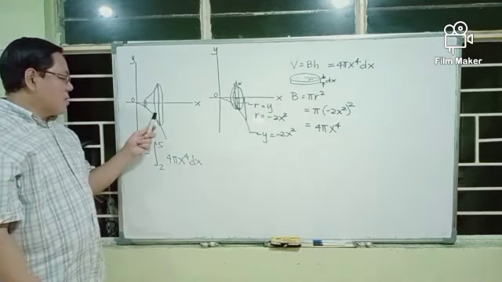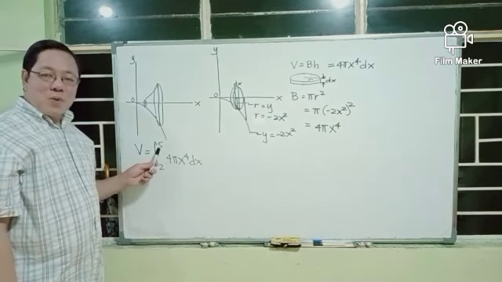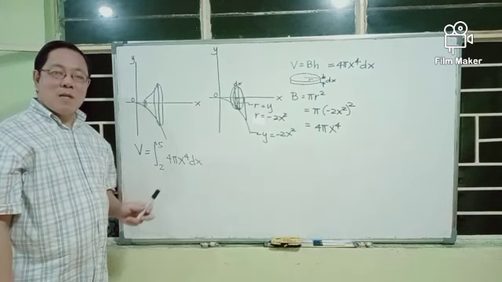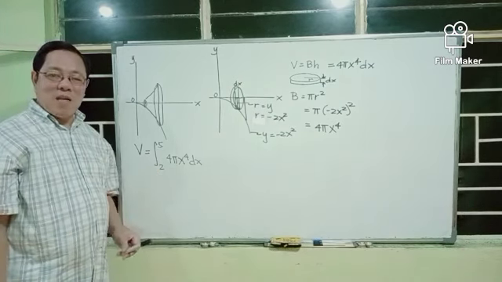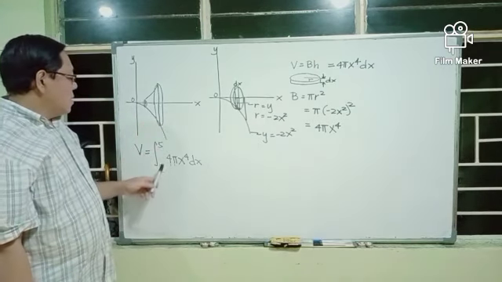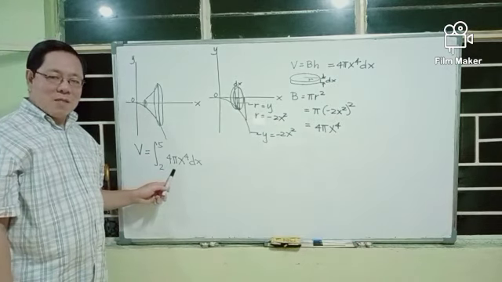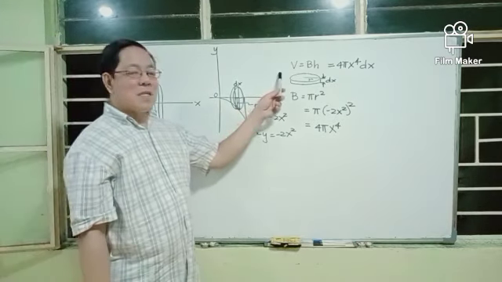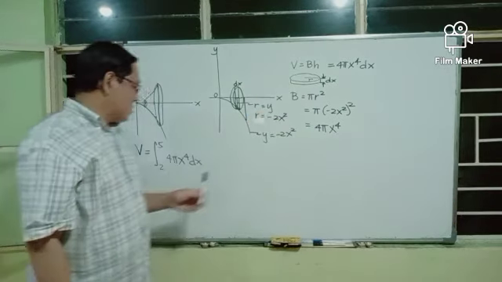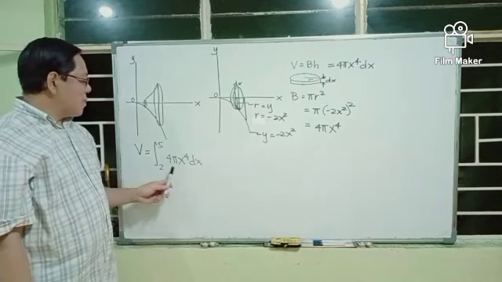The volume of the solid is equal to the integral from 2 to 5, because we sum up all the volumes of the disks by taking rectangular elements from x equals 2 to x equals 5. The volume of each disk is given by 4 pi x to the 4 dx. Now we can evaluate this definite integral.